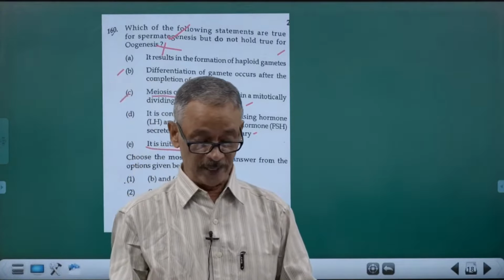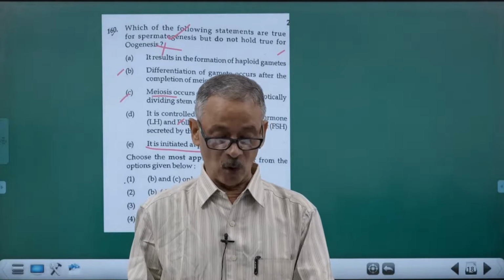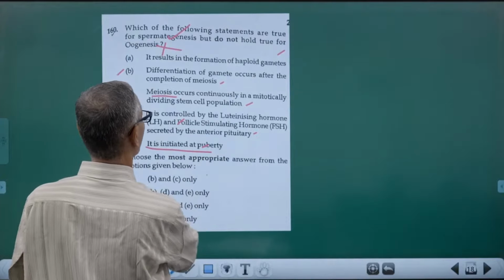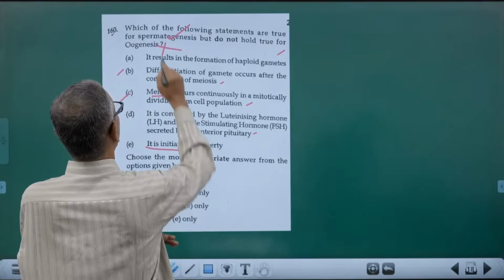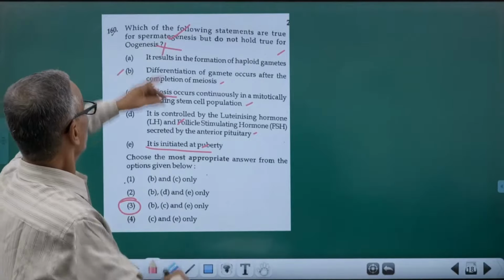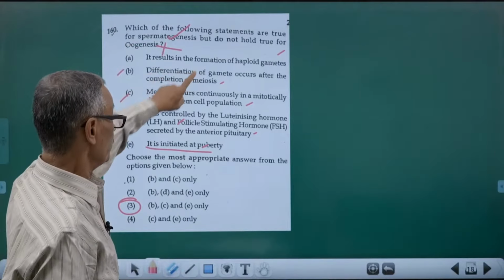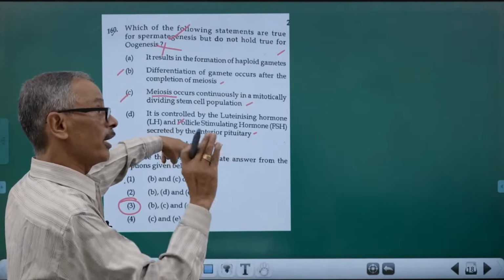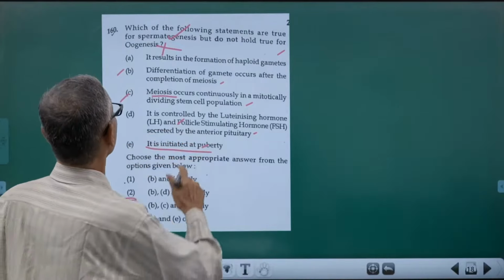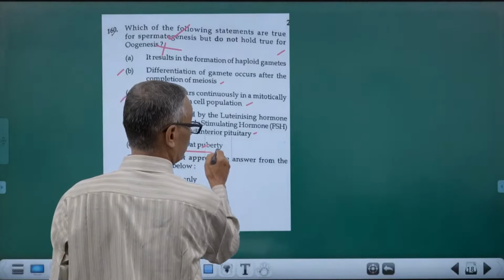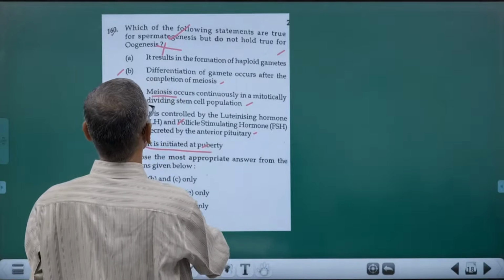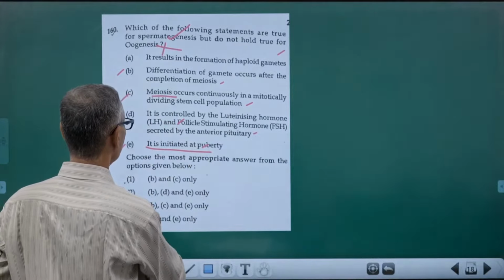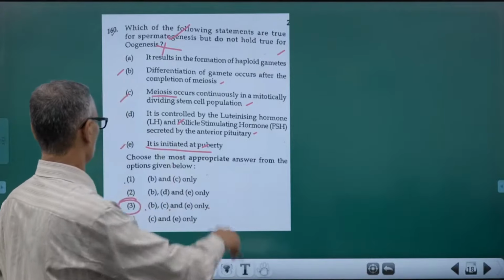Initial stages will be completed even before this. So, it is initiated at puberty only for male, but not for female. So we will be having B, C and E occurring.